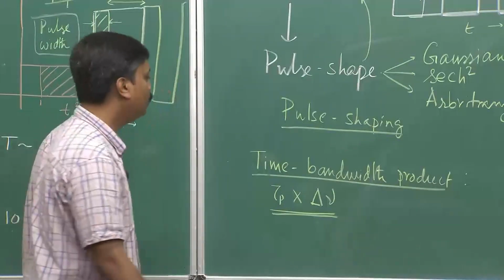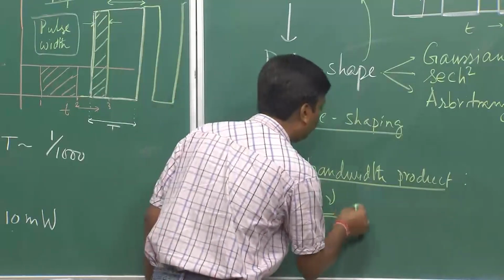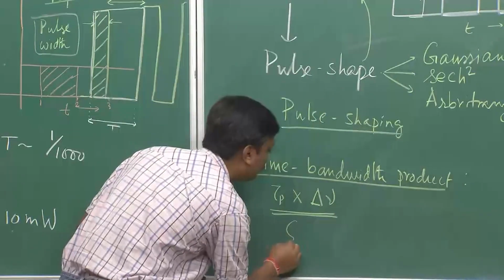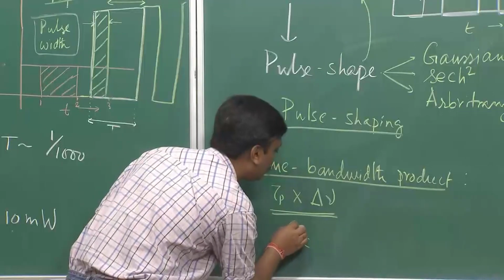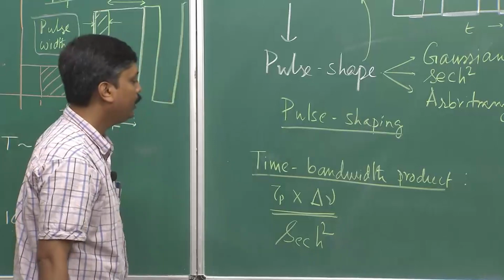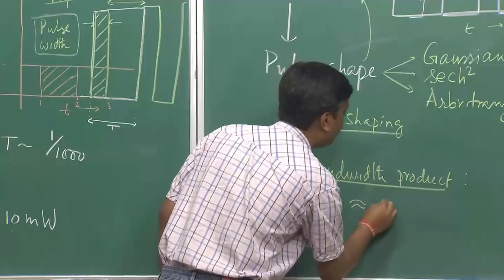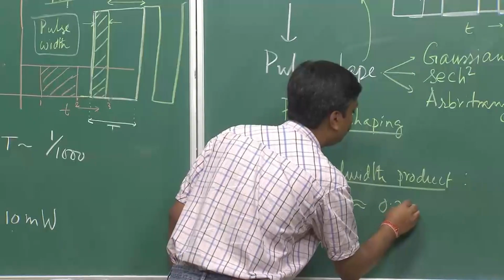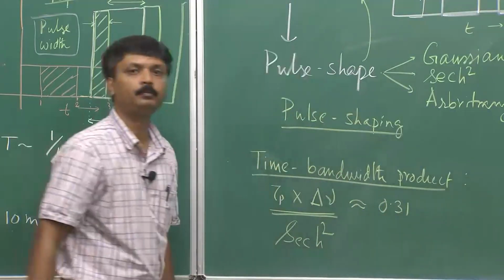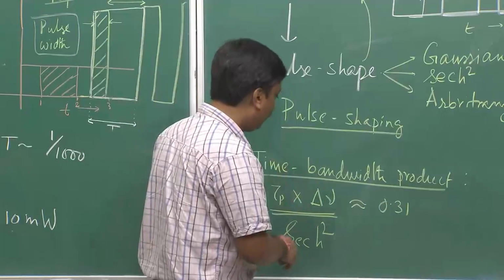If I have a hyperbolic secant pulse, then this value is approximately 0.31. So what does that mean?